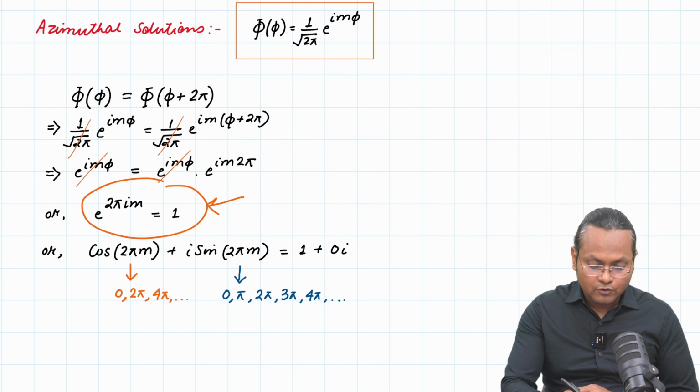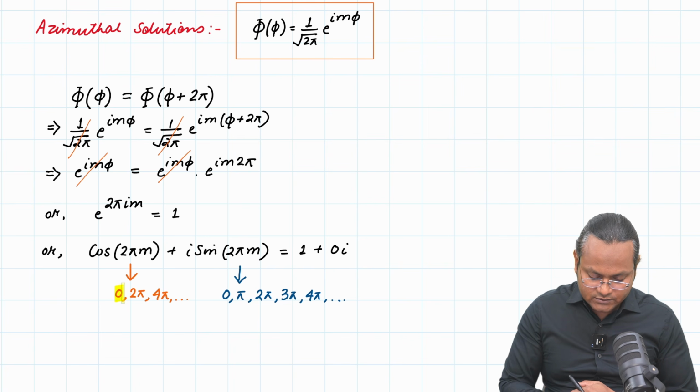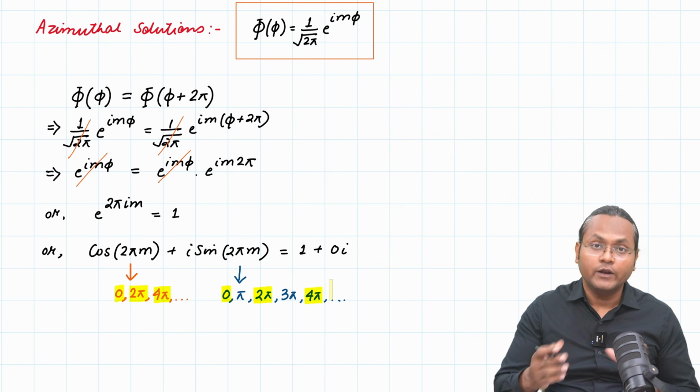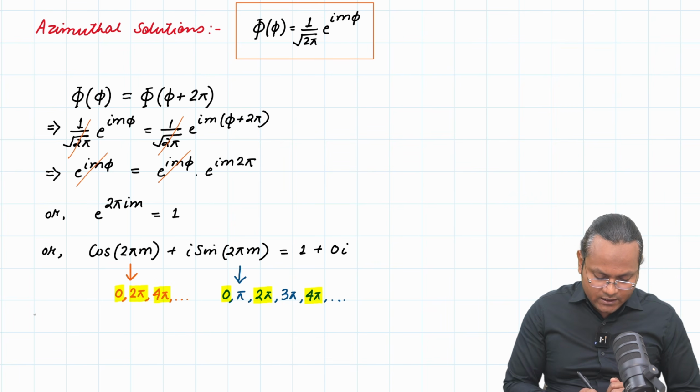And if you look here, those common solutions are 0, 2 pi, 4 pi, and so on, thereby giving us a way to calculate the value of m.